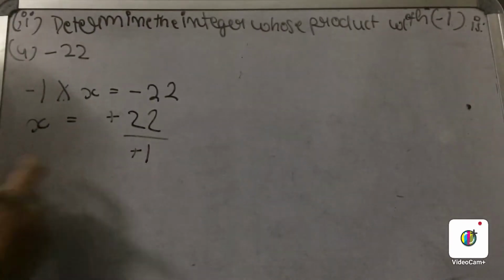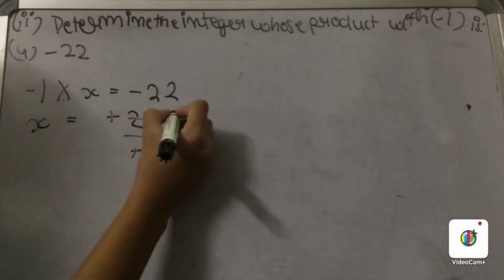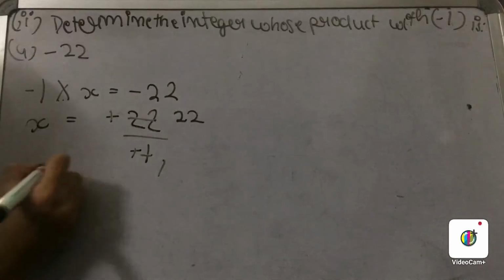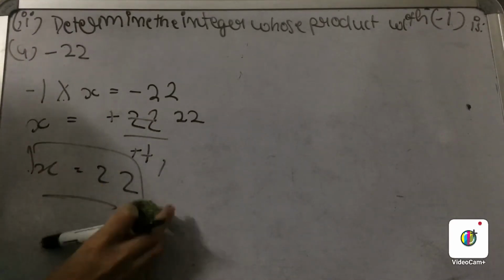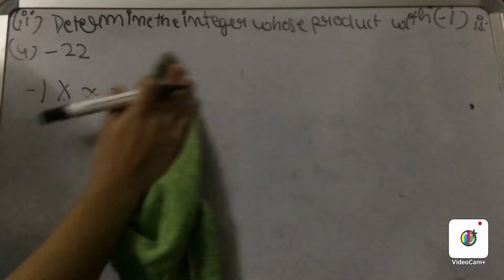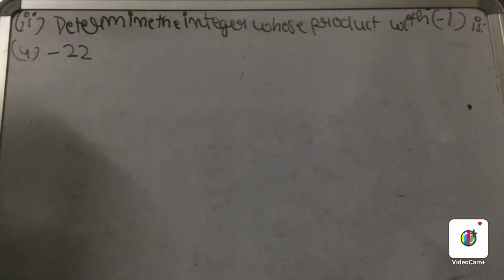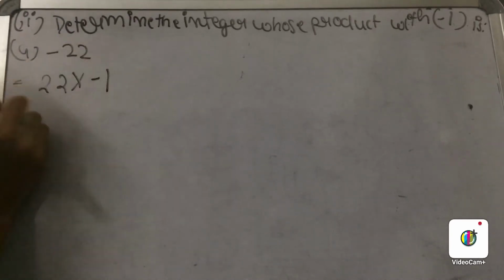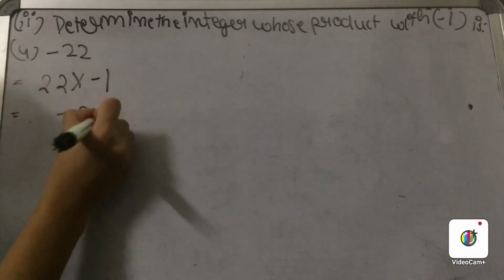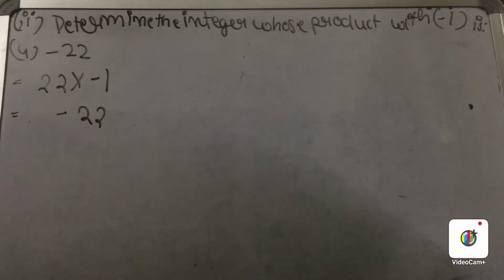So minus minus cancelled with each other, and now 22 ones are 22, so this is 22. Actually you can simply write it or do it in a complex way. I would suggest that you write it in a simple way, as 22 multiply minus 1 equal to minus 22. So now let us move to the B part.